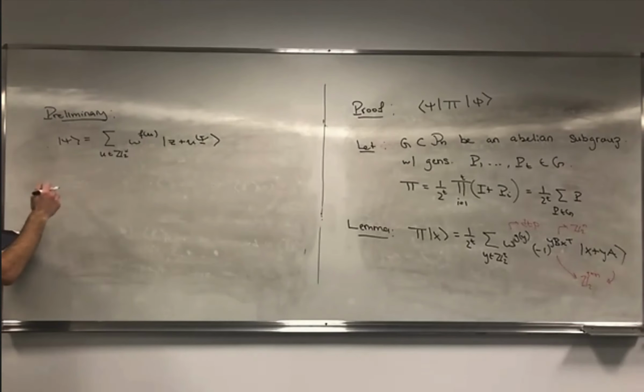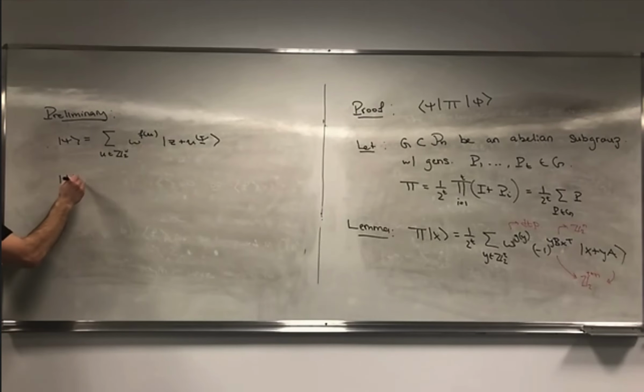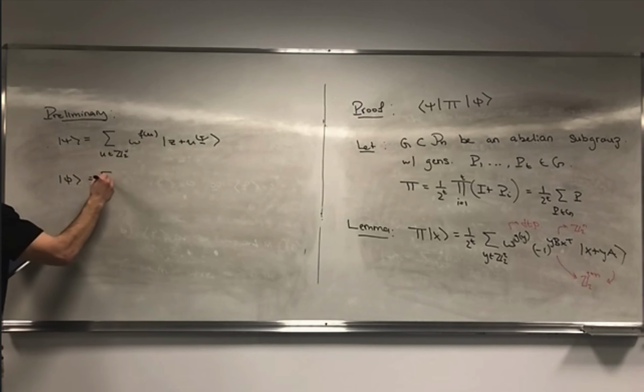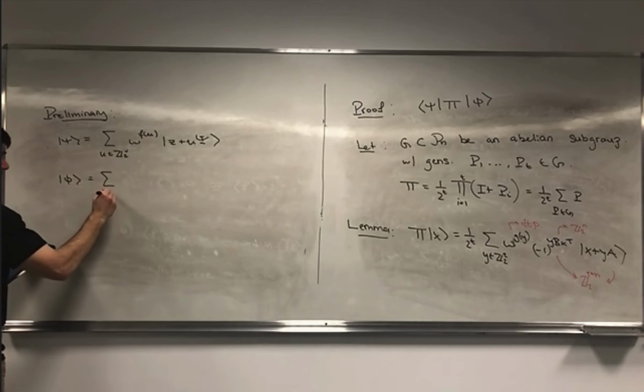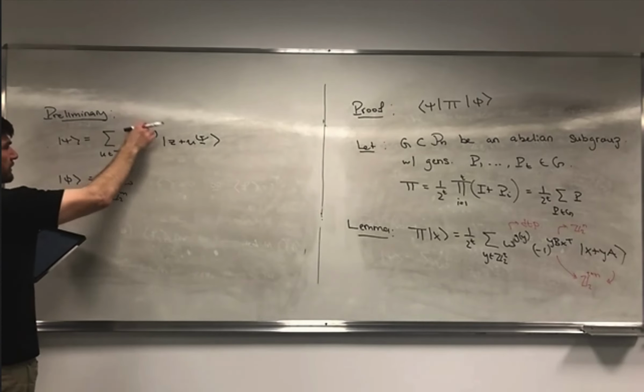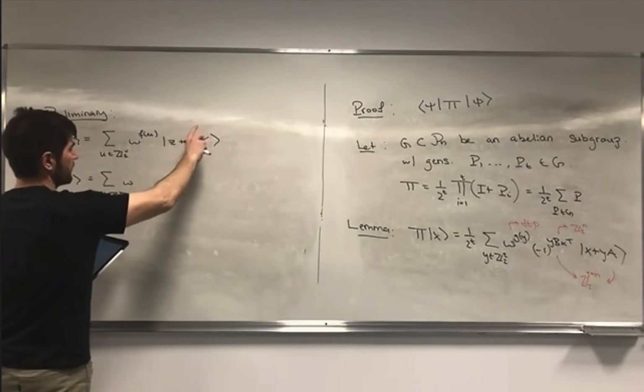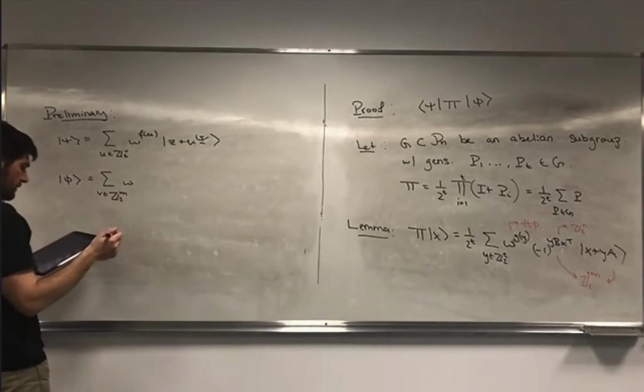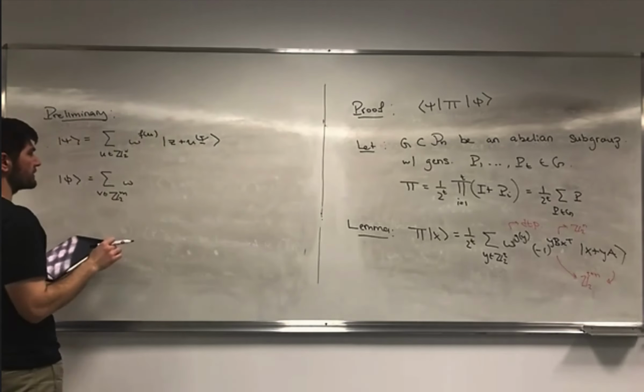Okay, and then we will write another state, phi, in a similar way, v element of z2m. These are degree 2 polynomials, and then all these are binary matrices with the correct dimensions for everything to work out nicely.